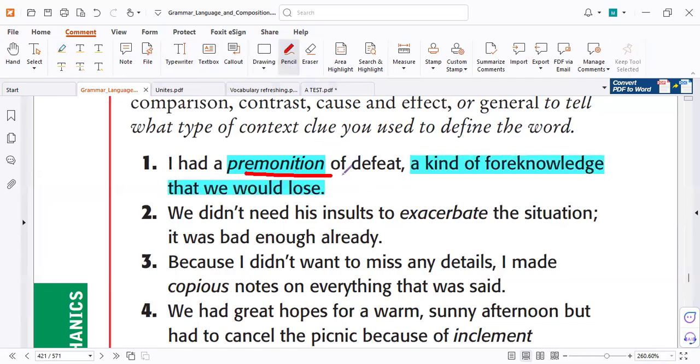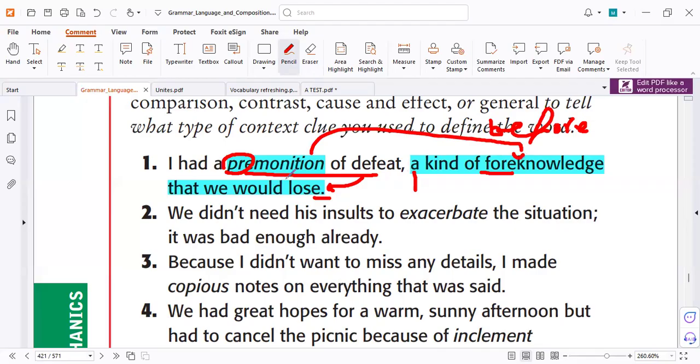So the meaning of these two words is already here. "Pre" means before. So it's a sense: you sense, you predict, you foresee something before it happens. So it's a kind of foreknowledge that we would lose. Lose means defeat. Premonition means foreknowledge.